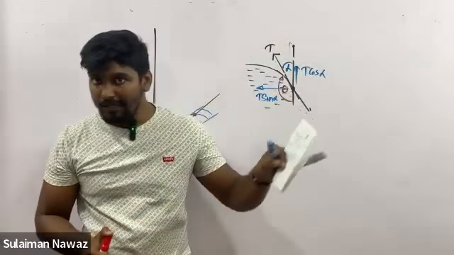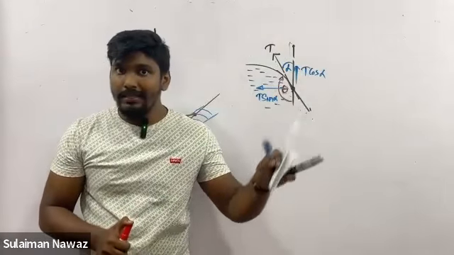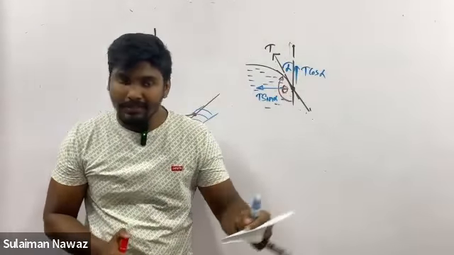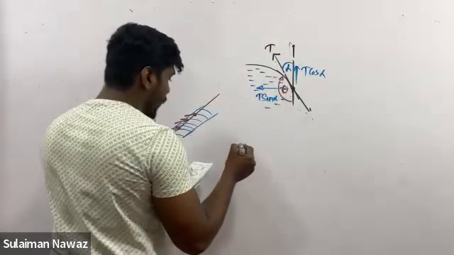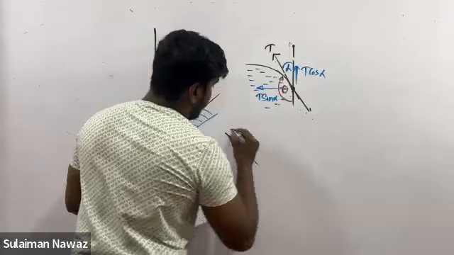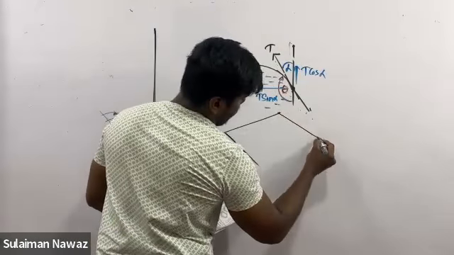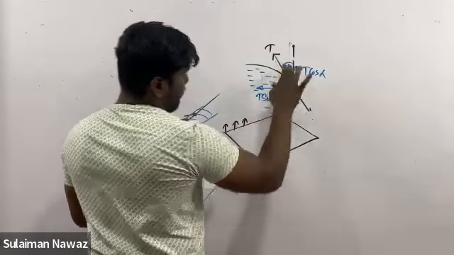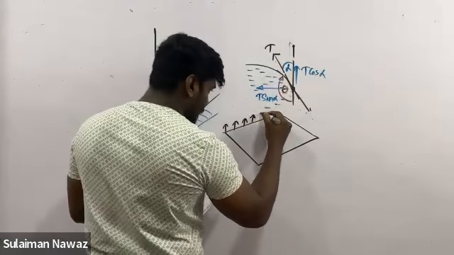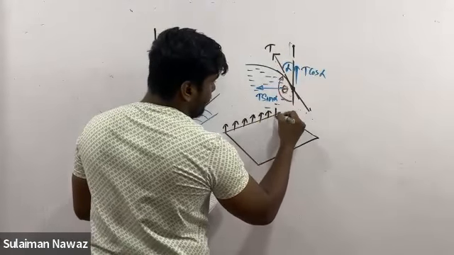Again, if I consider only the perimeter and mark the resolved surface tension components, you will notice that the T cos alpha surface tension components are acting upwards.